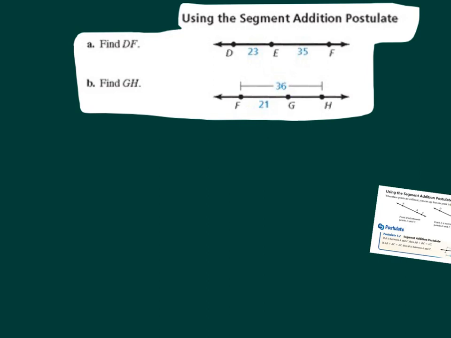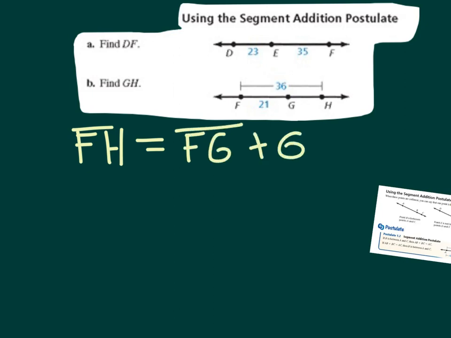Alright, so now on to part B. To use the segment addition postulate, I'll start with FH this time, so the whole segment FH equals FG plus GH. Now let's go through and figure out what we know.